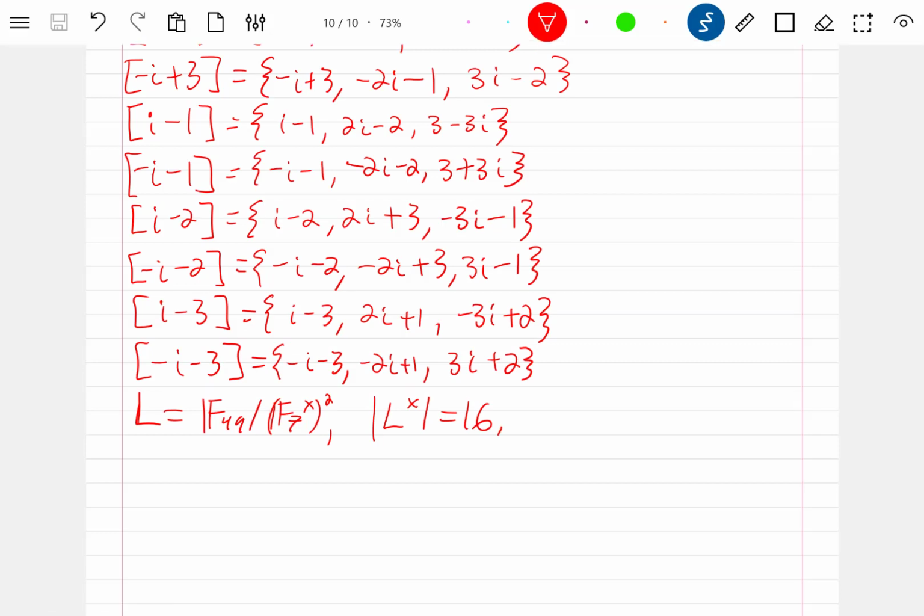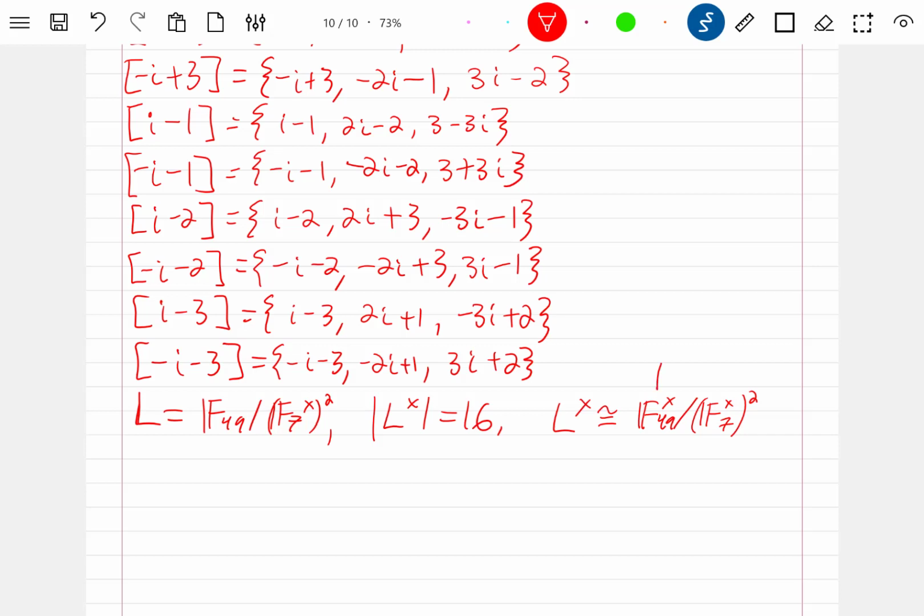Furthermore, what we know is something else. We know the multiplicative group of a finite field. So L star is isomorphic to F49 star modulo F7 modulo these squares.